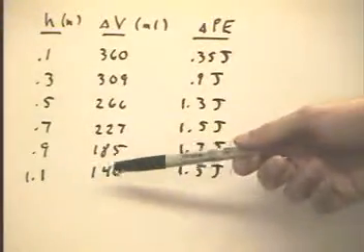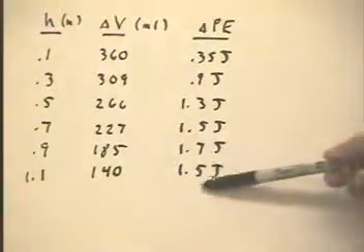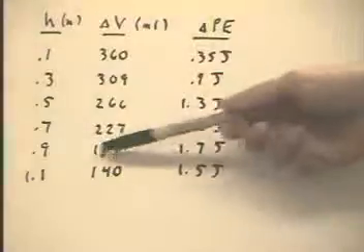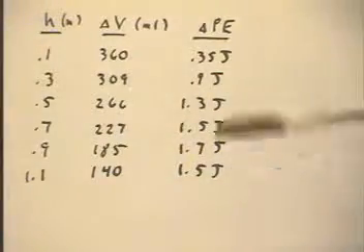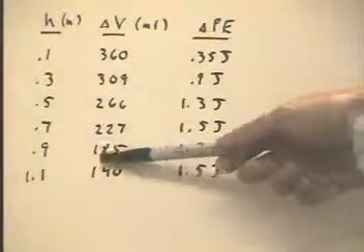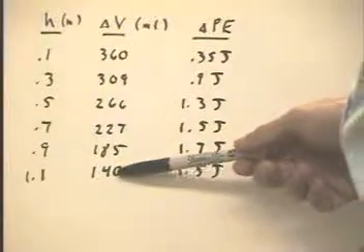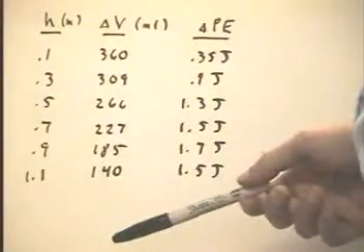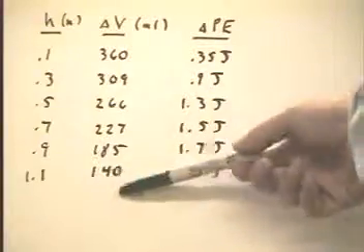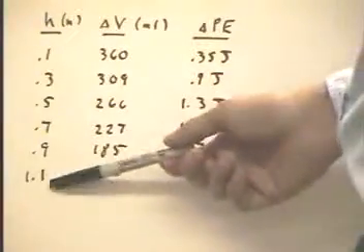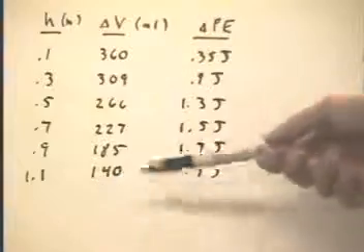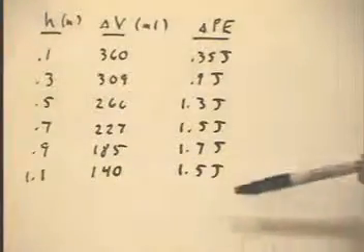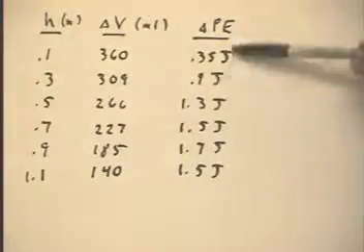At 1.1 meters, we get less potential energy gain than we did at 0.9 meters. Now, that's because we didn't pump as much water. We didn't pump much water, and the difference in height didn't make up for the loss of the volume of water or the weight of water raised, and we ended up with less potential energy.